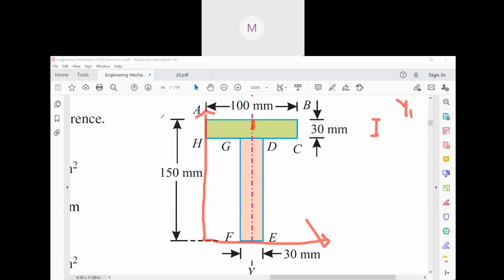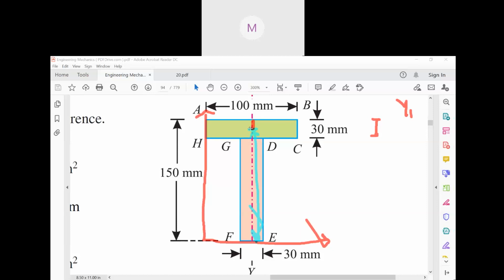Y1 means the position of this point, from which one? From here. Understood? Okay, got it, sir. Now pay attention.